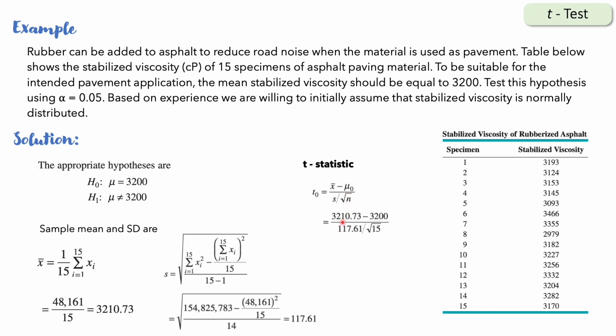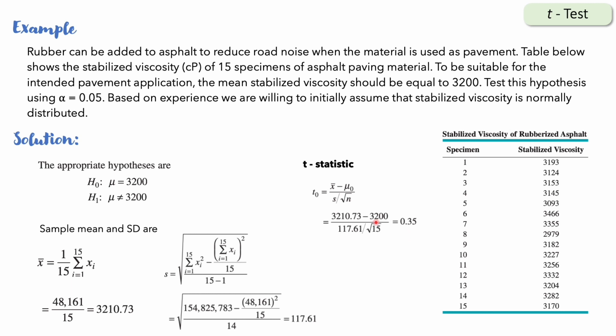Now we use these values. So 3210 from here and 3200 from here, divided by s from here, and n is 15. Okay, so we use these values, we compute it, and we get 0.35.